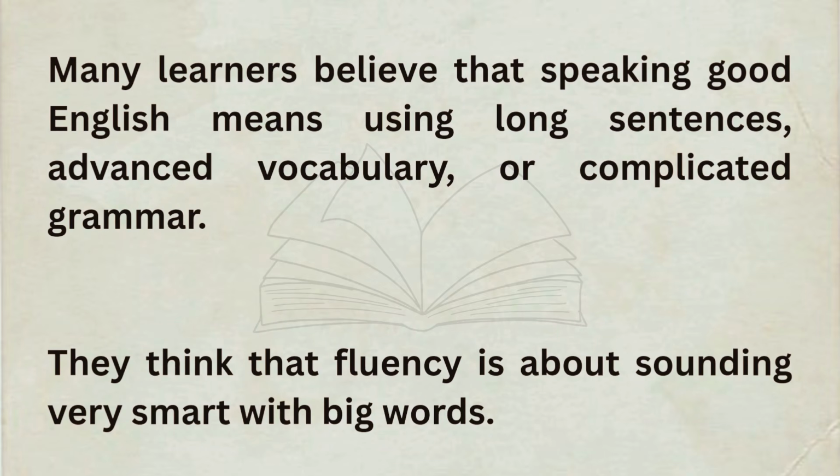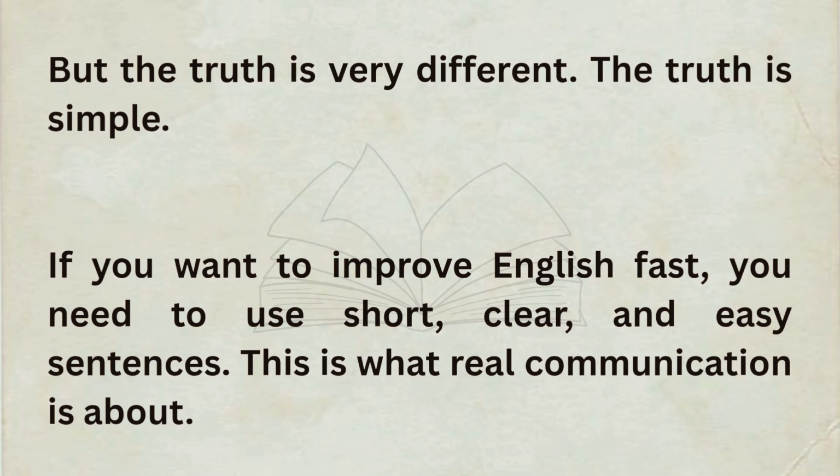Many learners believe that speaking good English means using long sentences, advanced vocabulary, or complicated grammar. They think that fluency is about sounding very smart with big words. But the truth is very different. The truth is simple.